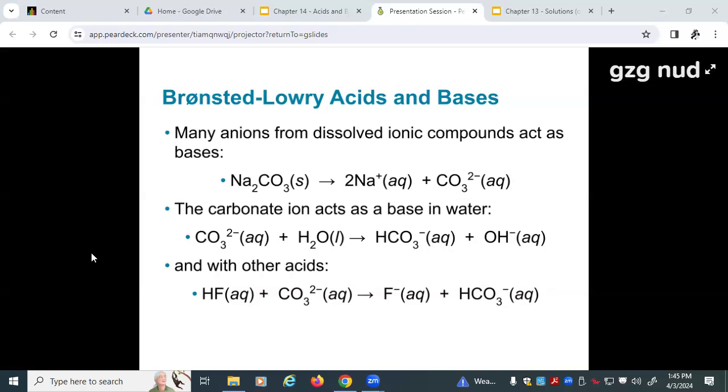They're basic. This reaction between hydrofluoric acid and carbonate ions, where we can see that the hydrofluoric acid is giving its proton away to the carbonate, that's an acid-base reaction. And now we have a definitive way of showing its acid-base nature.